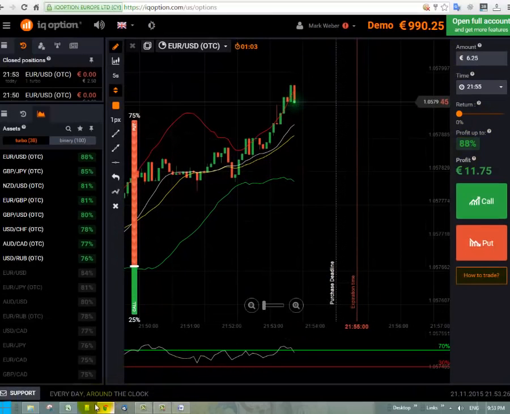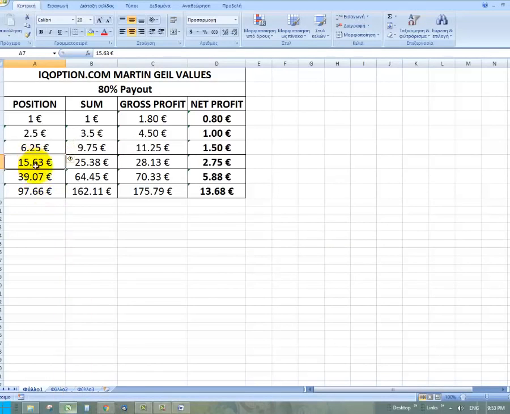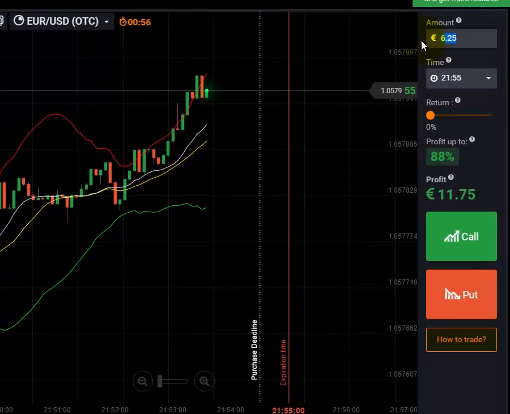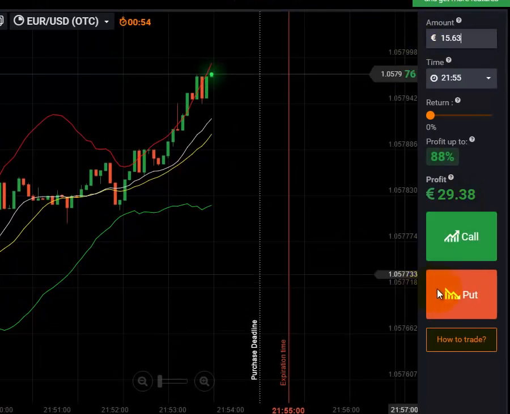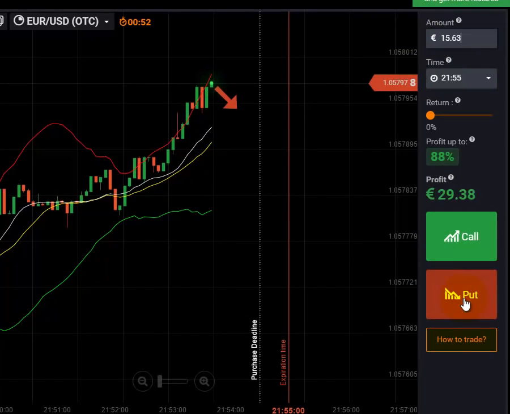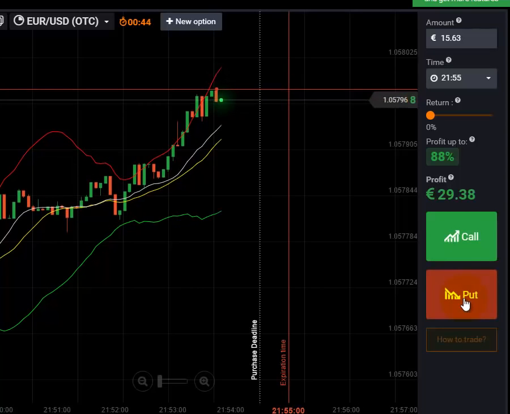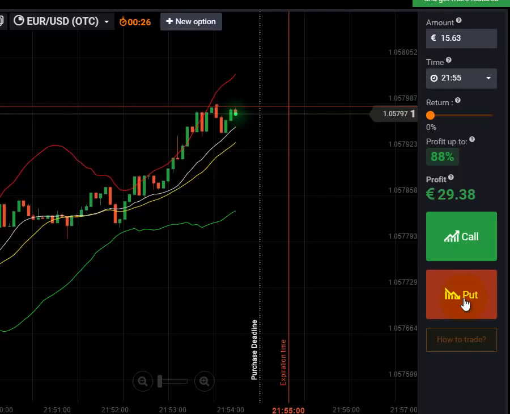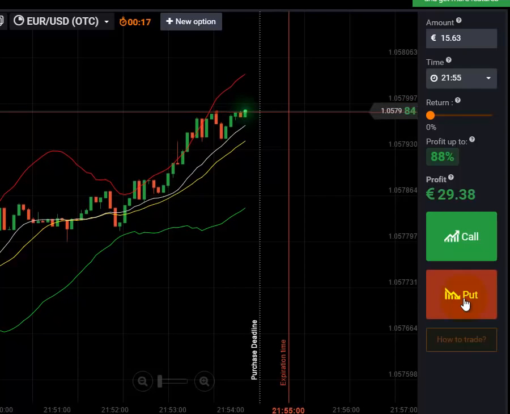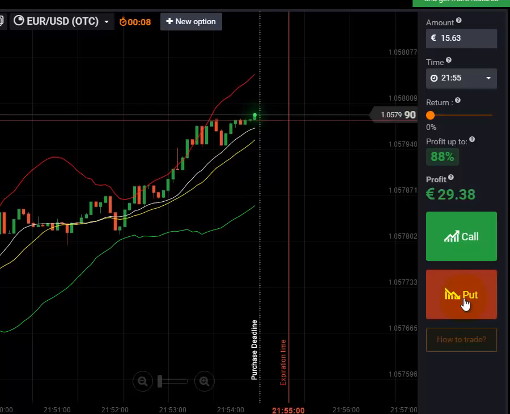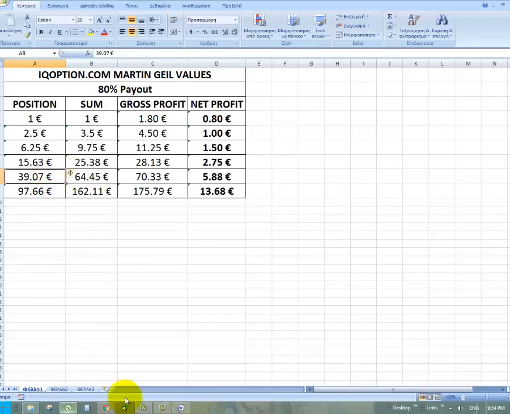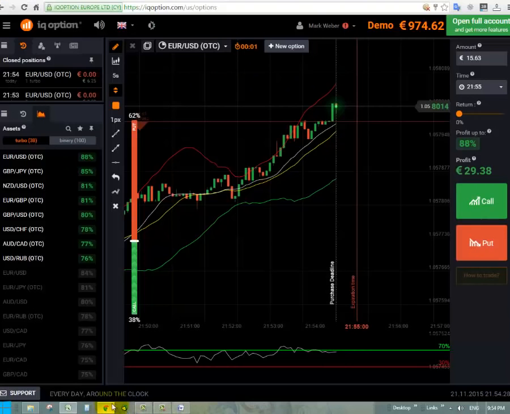We change the time for 1 minute, and we open a fourth position on €15.63. We are ready for the next position, 39.07.